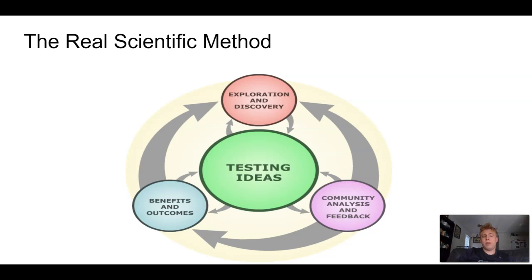They're also weighing the benefits with the outcomes of their ideas, and going back and testing them, constantly going in and out of the scientific method, and in different stages of it, depending on how their experiments and results go. So this is what the real scientific method looks like, although I did try to simplify it so that it is a little more digestible for young scientists like you to understand.